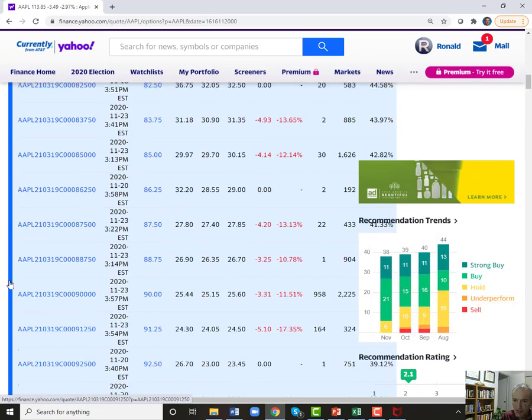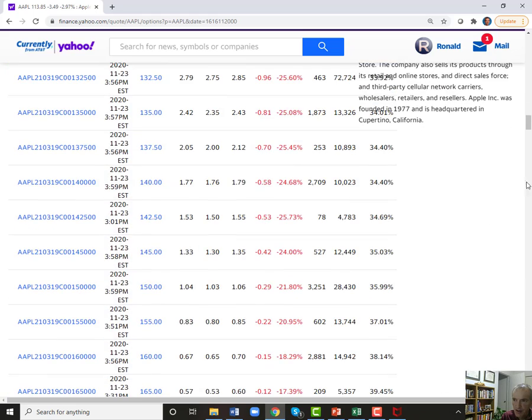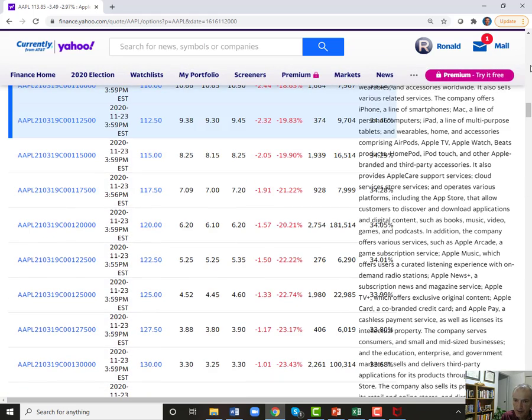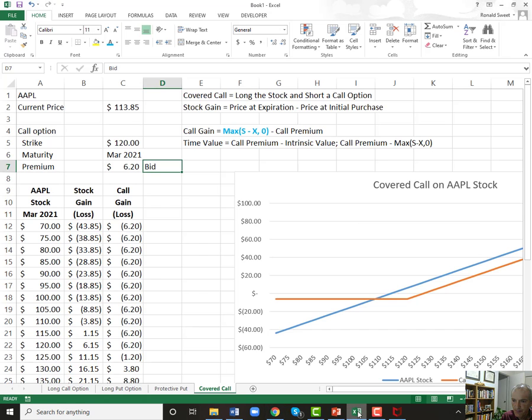So in this case, we're selling a call option at 120. Instead of getting $6.20, we'll only get $6.10. That's the only thing on the exam, so be careful of that. Here's the call gain. Where is the covered call gain or loss?